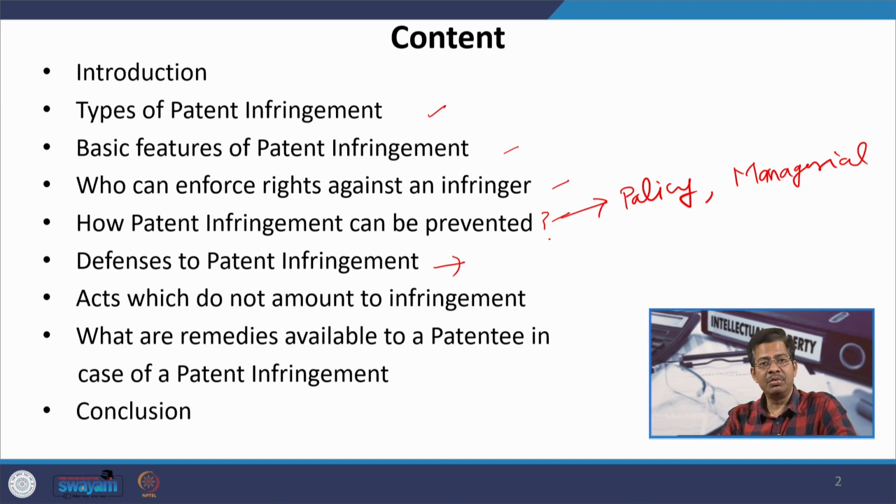Particularly, we are going to speak about the Indian Patent Act, which helps you whenever there is a case of infringement. When you are going to court about your particular issue of IP infringement, you have to take the help of this Indian Patent Act. And then what are the remedies etc. available for a patentee in case of patent infringement.